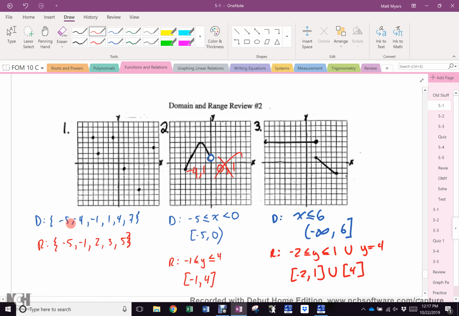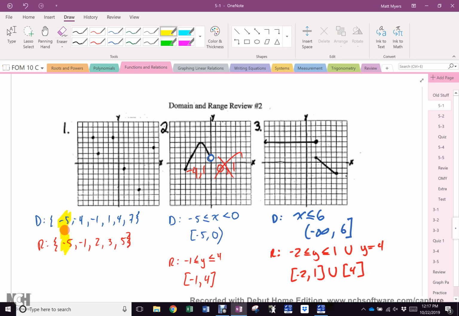So all the x values go first, then all the y values in numerical order. No repeats. Now what you have to remember here is this: -5, -5 is not a point on the graph because that is no longer an ordered pair, is it?